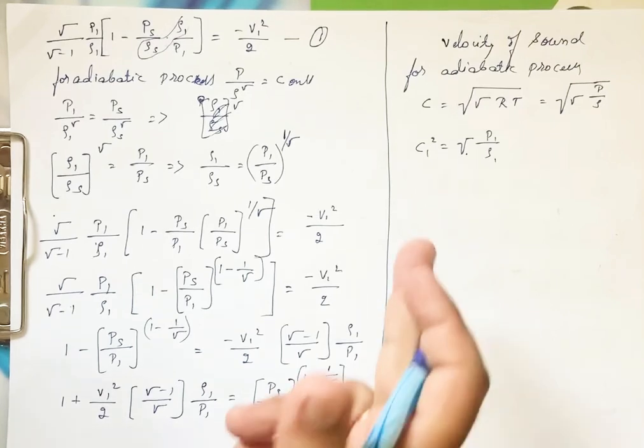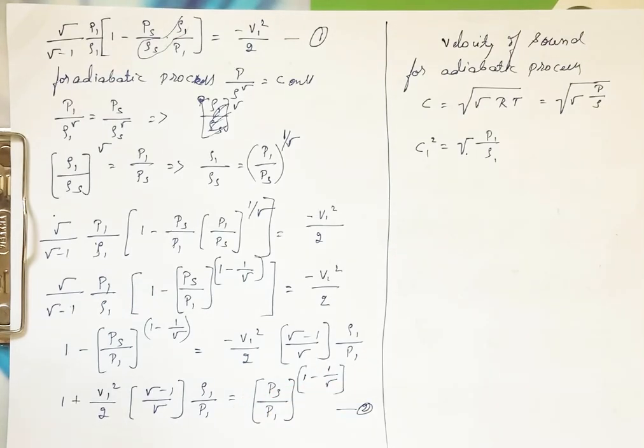Now I'll substitute the value of gamma into P1 by rho 1, which is the expression we have here, by C1 square there.